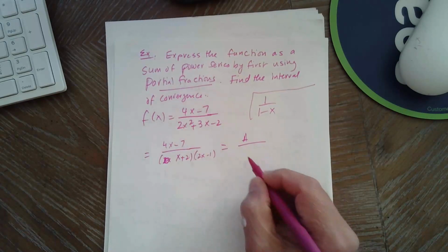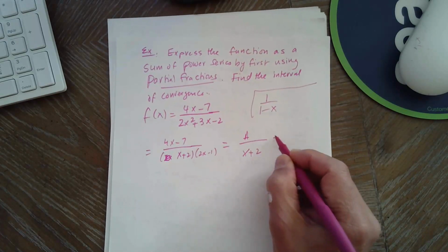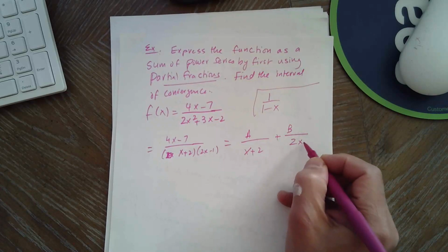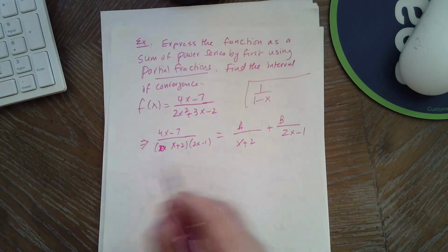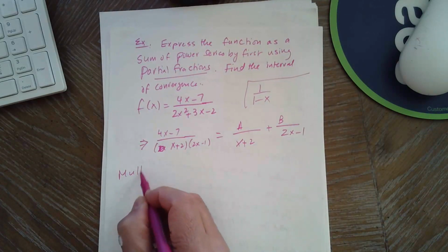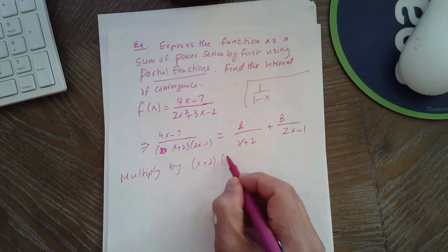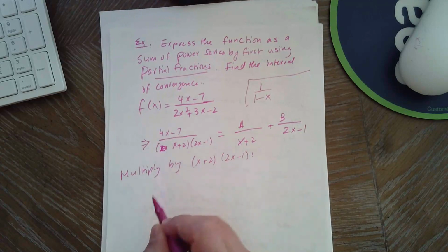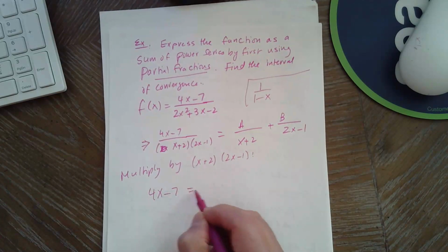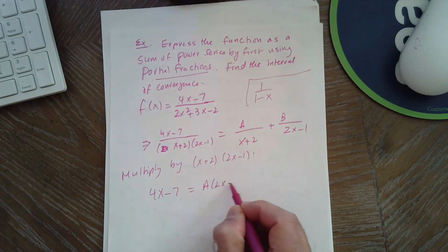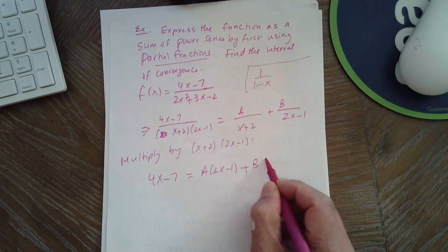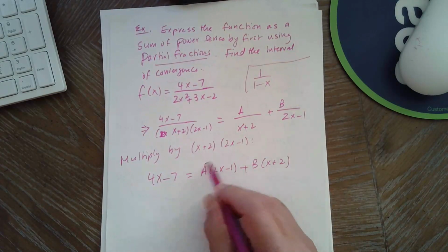We write it using partial fractions, A over x plus 2 plus B over 2x minus 1, and then multiply by the LCD, x plus 2 times 2x minus 1. So we get 4x minus 7 is A times 2x minus 1 plus B times x plus 2.